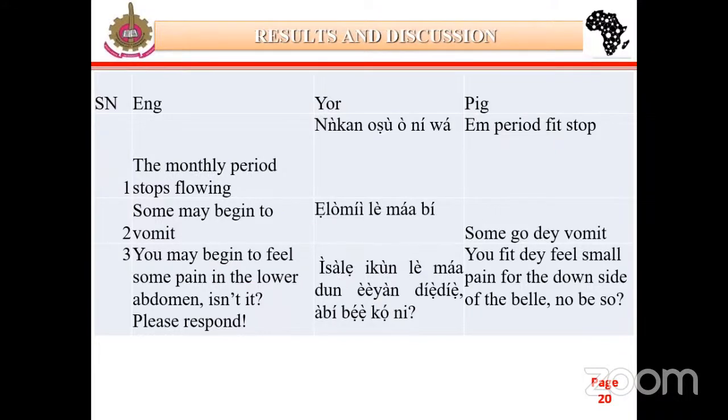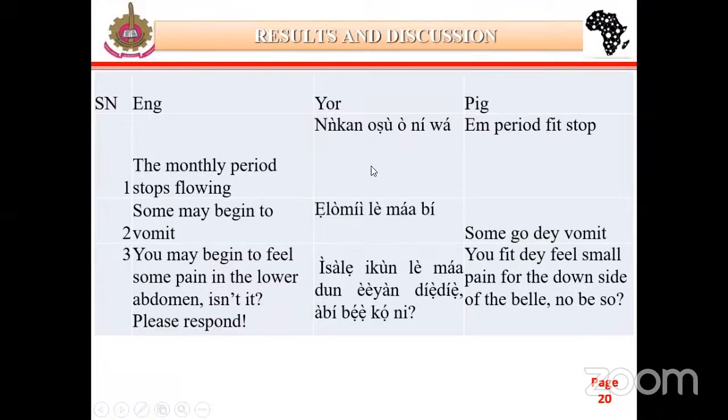In the first, we have the English version. We have the serial number, the English, the Yoruba, and the Pidgin in the fourth column. For a pregnant woman who is newly pregnant, one of the information we had was that the monthly period will stop.